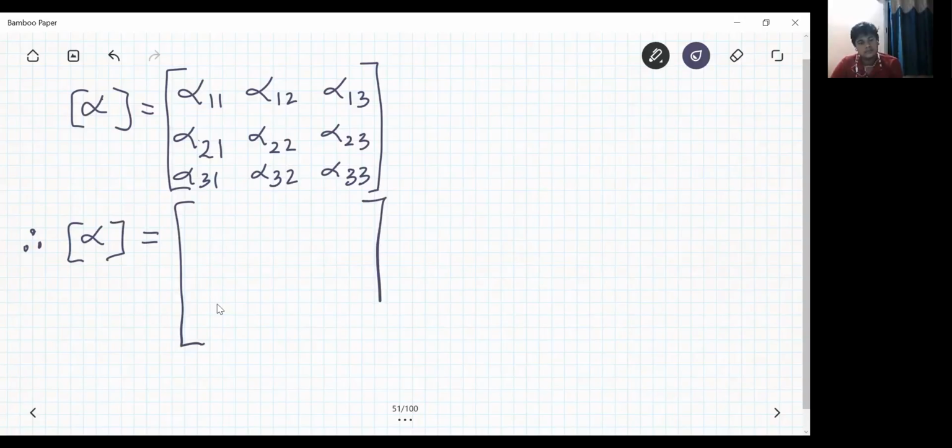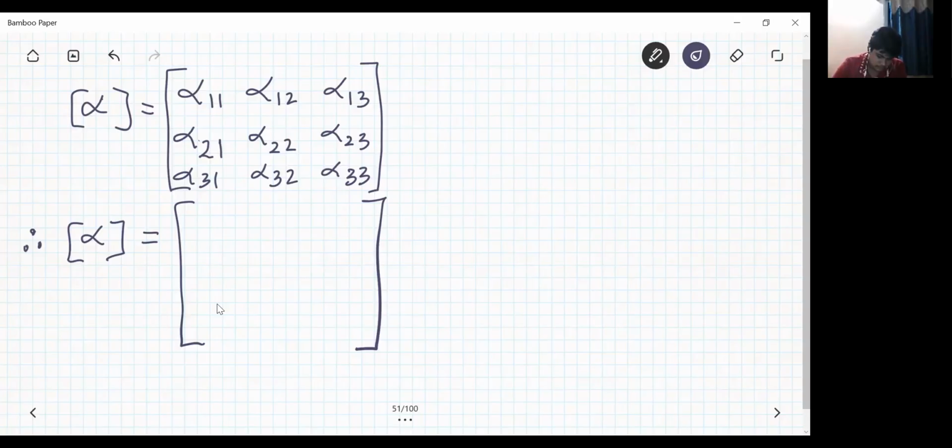So write the values that you have calculated in the places where those values should come. So what will you write? 7 minus 7, minus 4, 3.